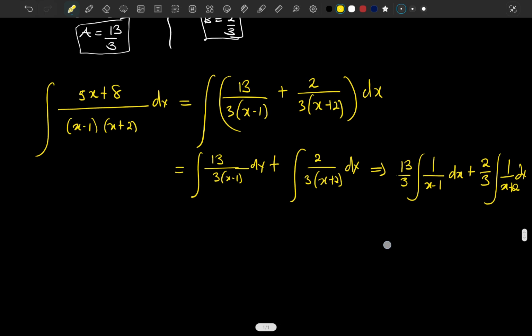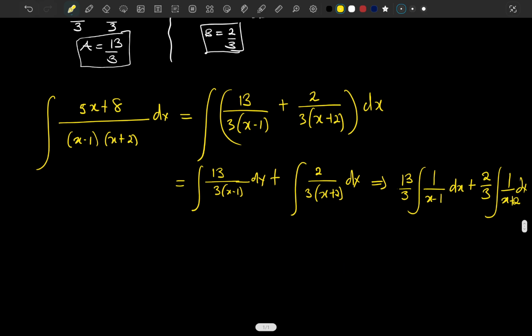At this stage, recall the integral of 1 over x with respect to x. What are you getting? You are getting the natural log of x. It's the same thing here. As long as there's no square, don't even waste time, just get the same.